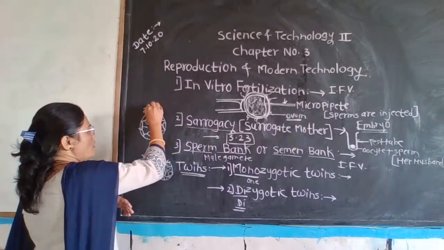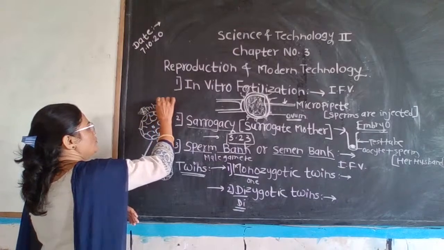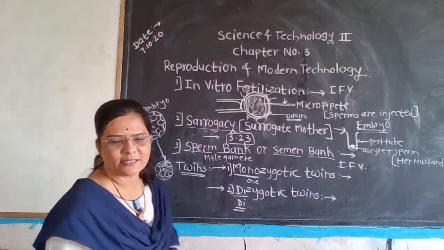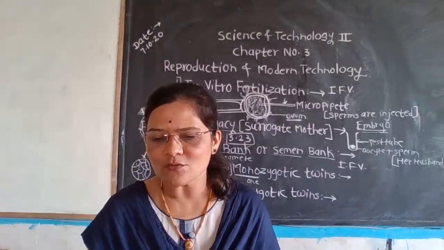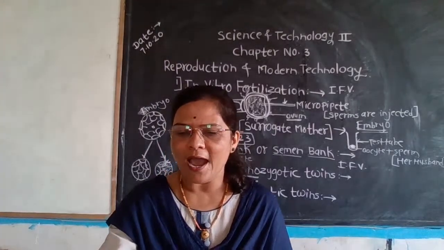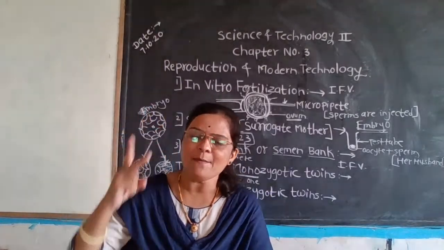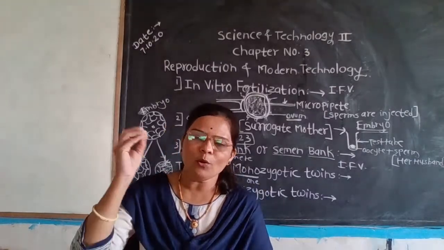See, this is the zygote or the embryo, and the embryo is divided into two similar parts, and each part grows separately, so a single embryo divides into two groups and develops into two separate embryos, and that we call twins. What is monozygotic?